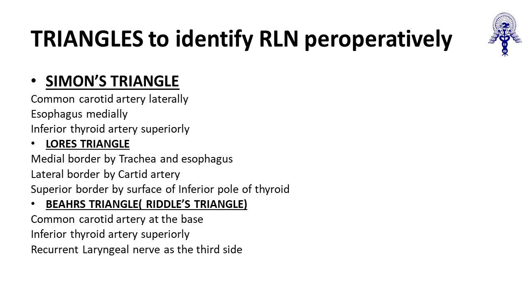So in this triangle, the recurrent nerve will be found. The lower triangle is another triangle described similarly: medial border by the trachea and esophagus, lateral border by the carotid artery, and superior border by the surface of the inferior pole of the thyroid. But the most important triangle is the Simon's triangle that most of the surgeons follow, and the last is the Beahrs triangle.